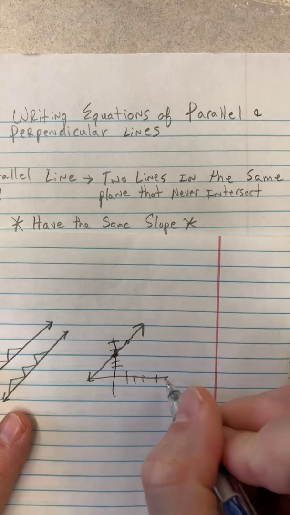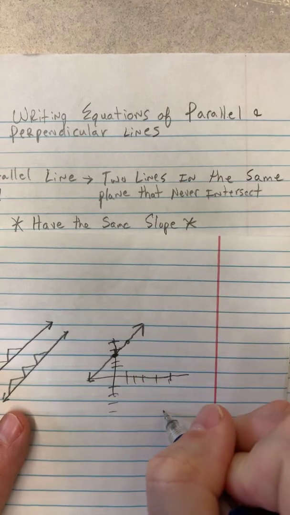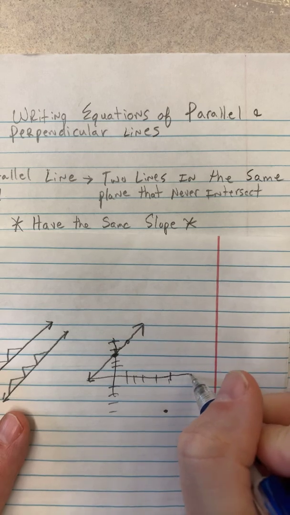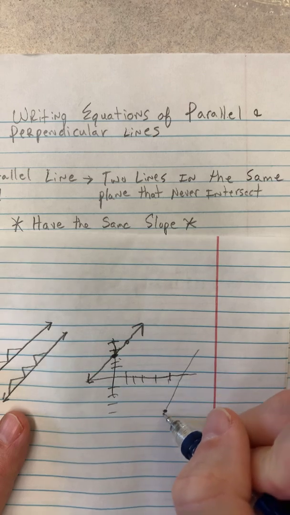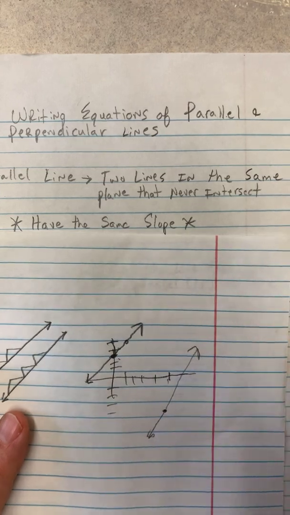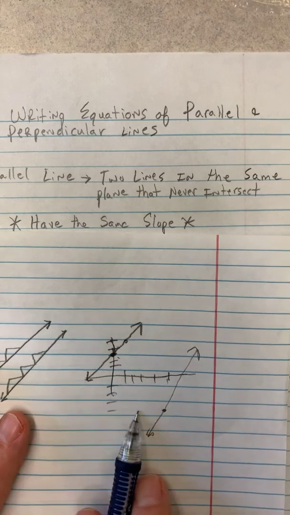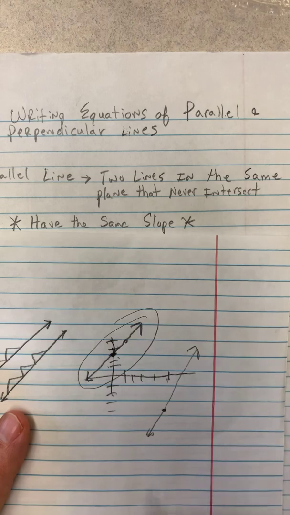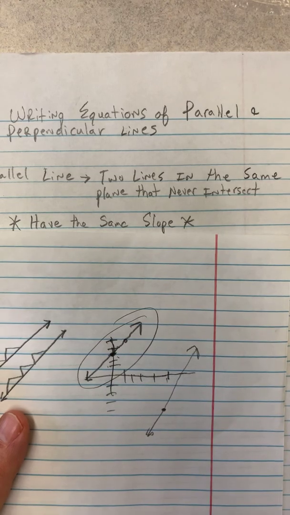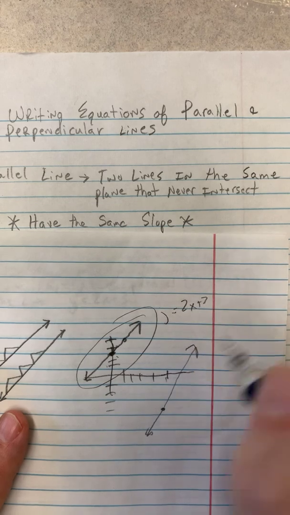Then you have 1, 2, 3, 4, 5, 1, 2, 3, 4, a line that goes through (5, -4) and is parallel to that line. So it's going to look something like that. Now, I know 100% this isn't to scale, but this is what we have going on. This is given the equation, y equals 2x plus 3.